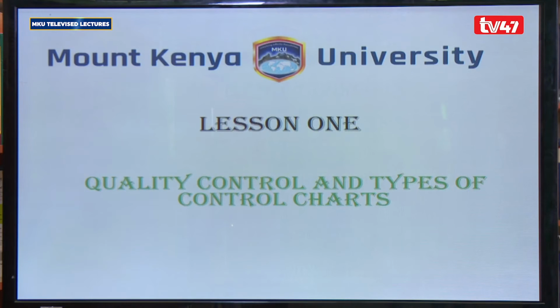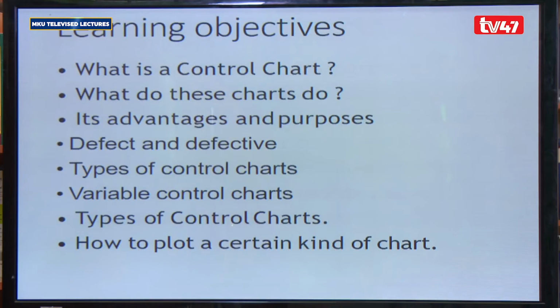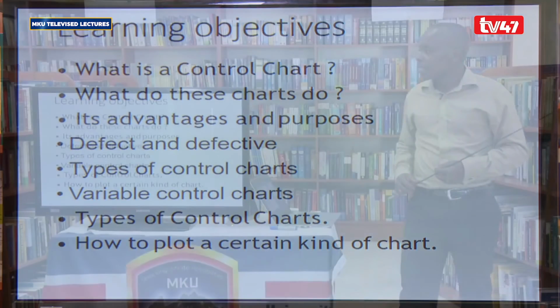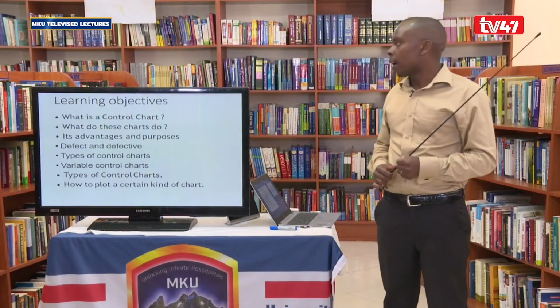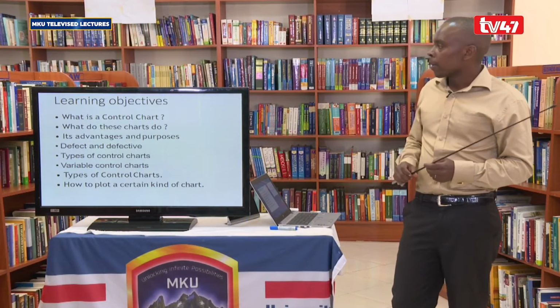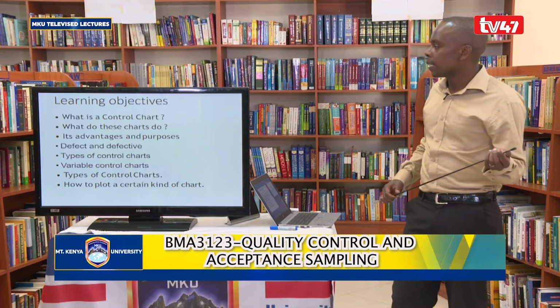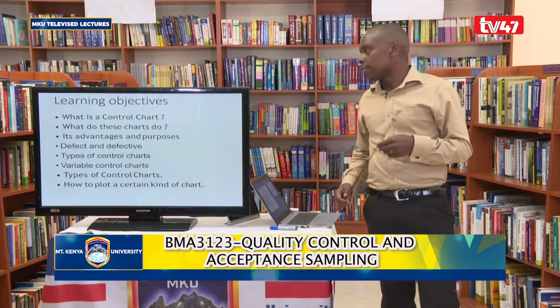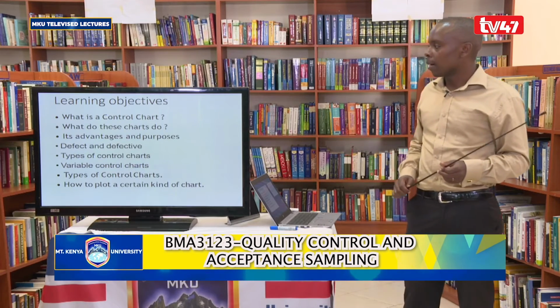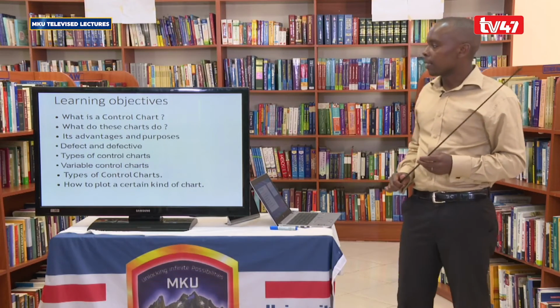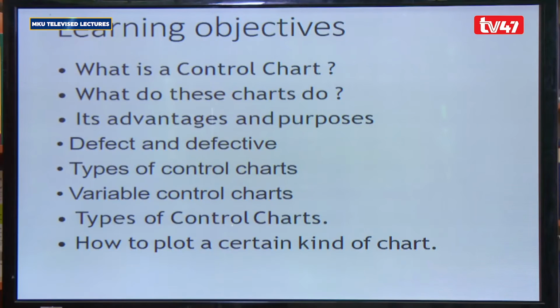So today, our main objectives will be the following. We shall try to understand what control charts are and what they are used for, their advantages and purposes, and then define several terms, among them defect and defective.